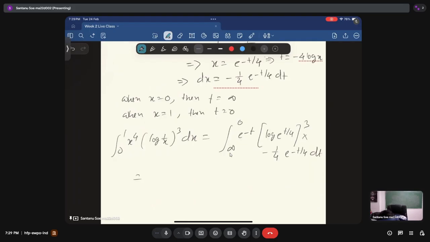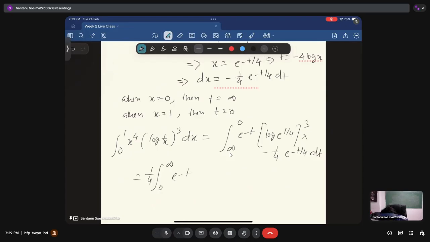Okay, so since there is a minus, this will be from 0 to infinity, and then 1 by 4 is going outside, so this will be exponential of minus t.